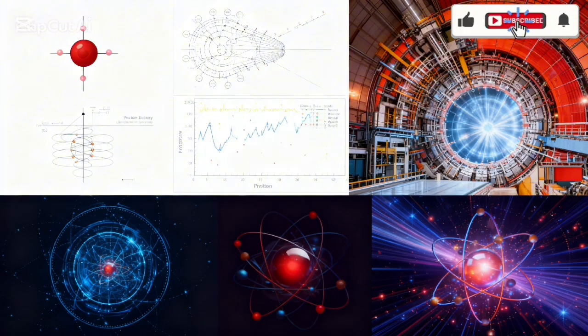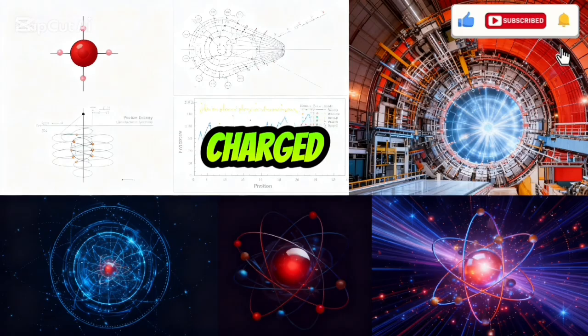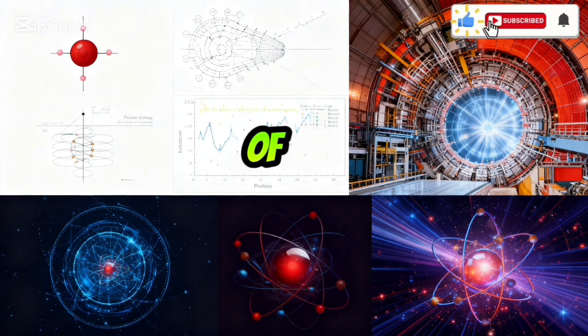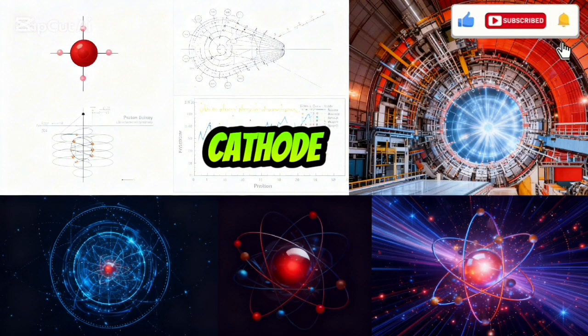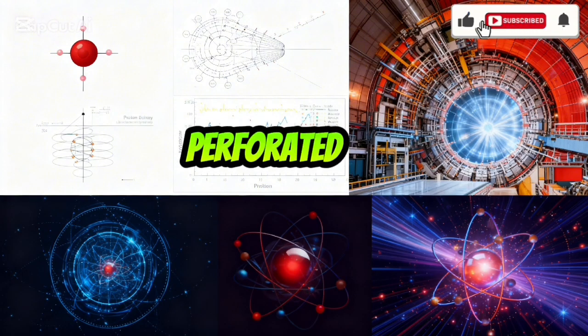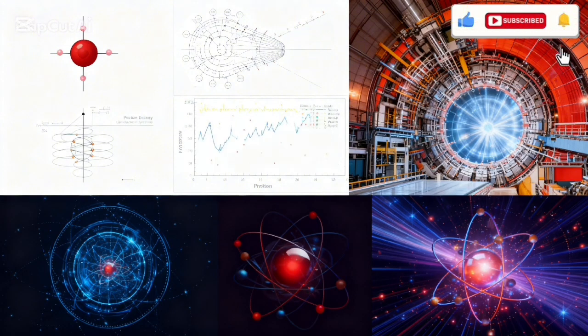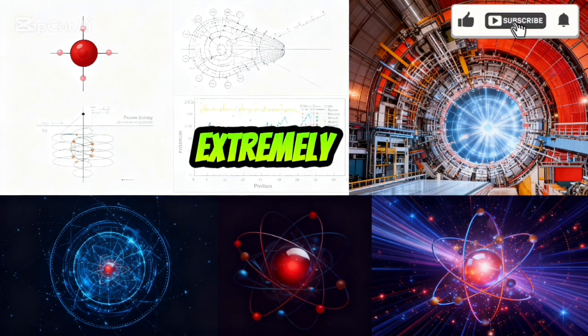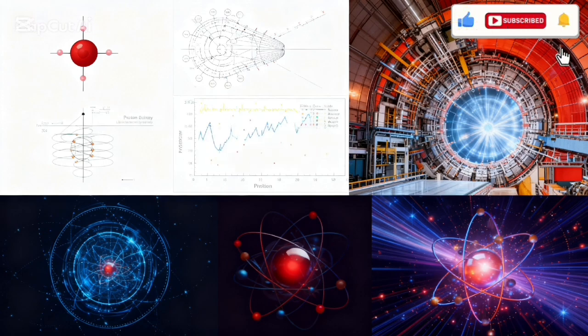Canal rays: positively charged, consist of positive ions, move toward the cathode, pass through the perforated cathode, greater mass. This comparison is extremely important for exams.